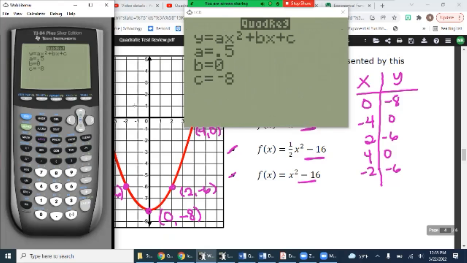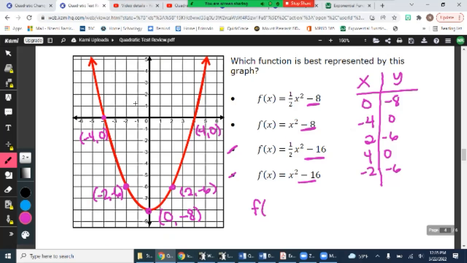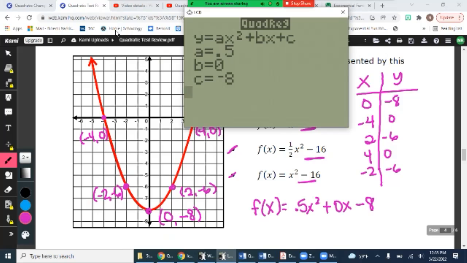So I can write this function as f of x equals 0.5 x squared plus 0x minus 8.